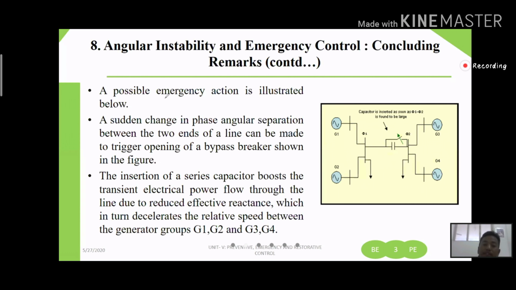Okay, so this possible emergency control is illustrated in the figure below, which means in this figure, a sudden change in angular separation between two ends of a line can be made to trigger opening of a circuit breaker in the figure. And then what you will do is you will try to insert a capacitor as soon as it is found to be unstable.